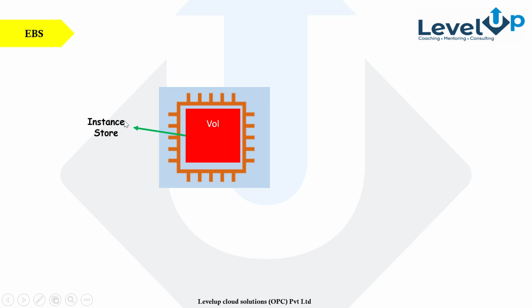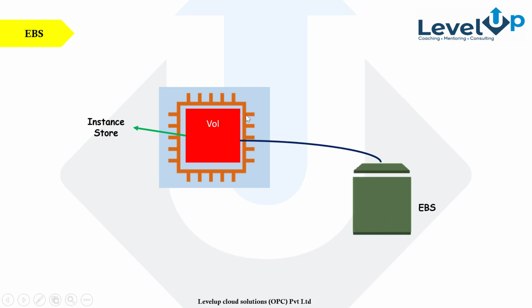That disk or volume, we can call it an instance store. If you have a volume external to the EC2 instance, that one we call EBS, elastic block storage.